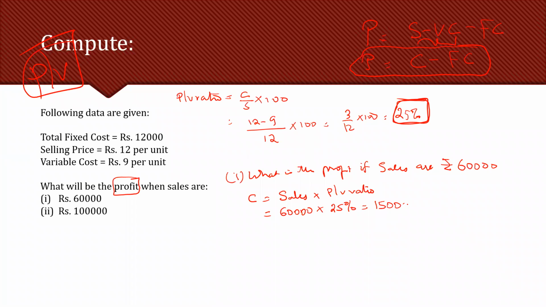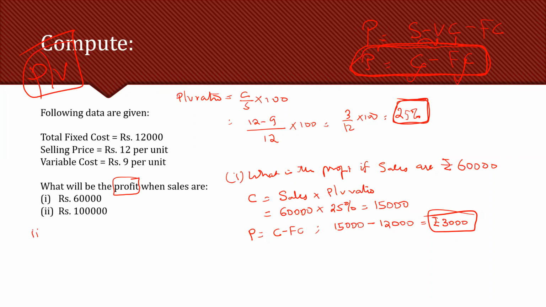So we have found out contribution. Now we have contribution as well as fixed cost. So move to find out profit. That is contribution minus fixed cost. In this case, contribution is 15,000 less fixed cost 12,000. What is the profit? 3,000.